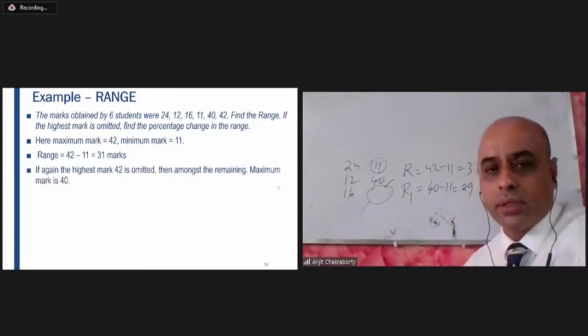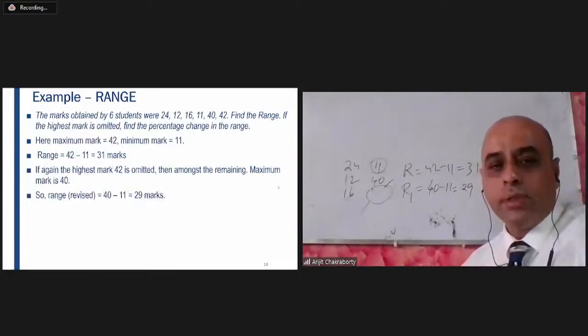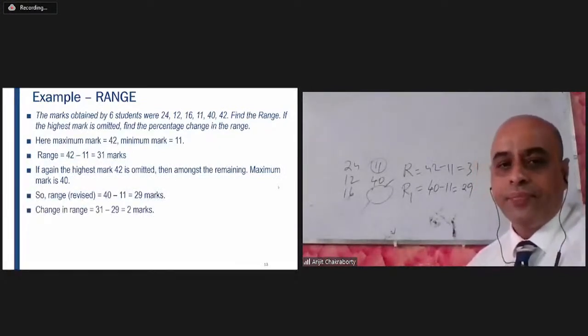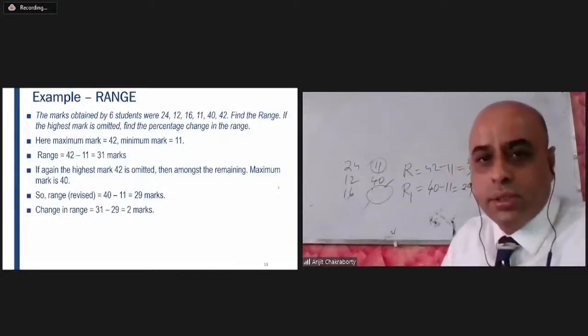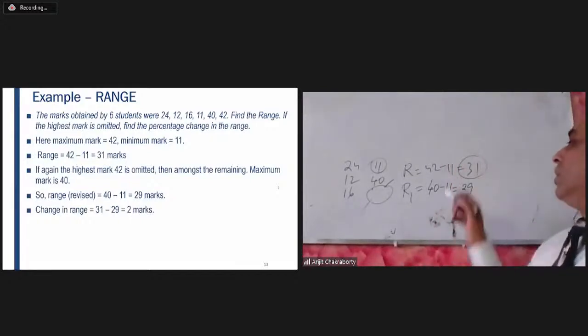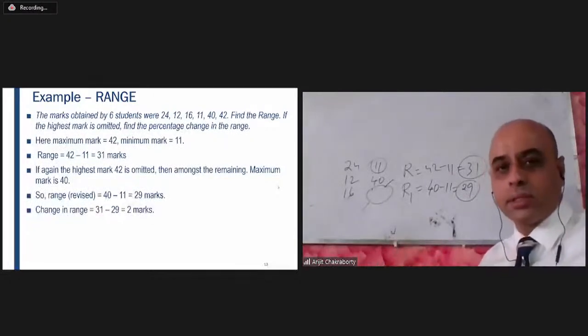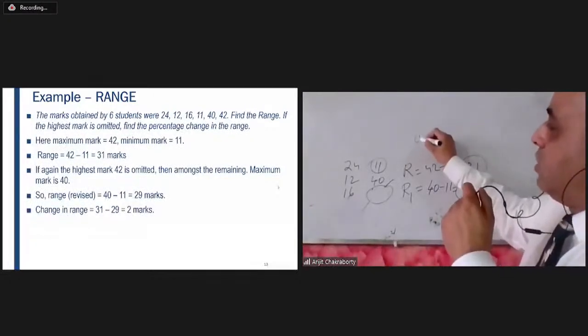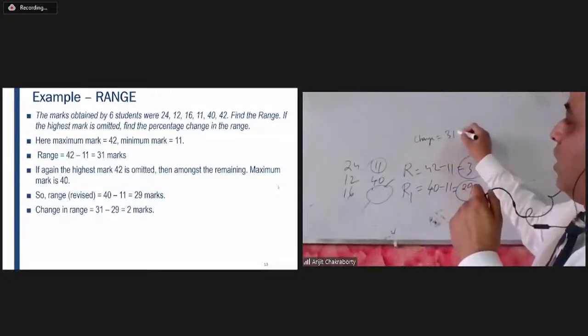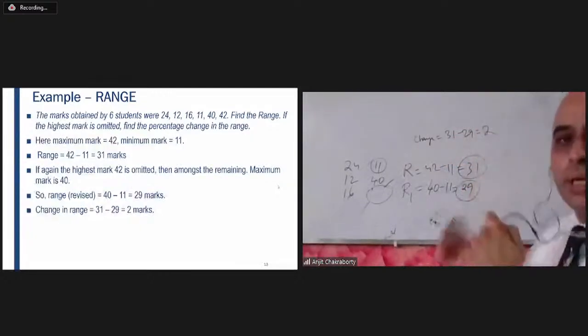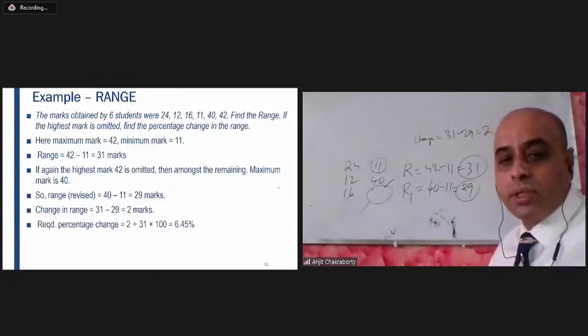So how to find the percentage? The original range was 31 and the revised range is 29. So the change is 31 minus 29, that is 2 marks. And the original range was 31.